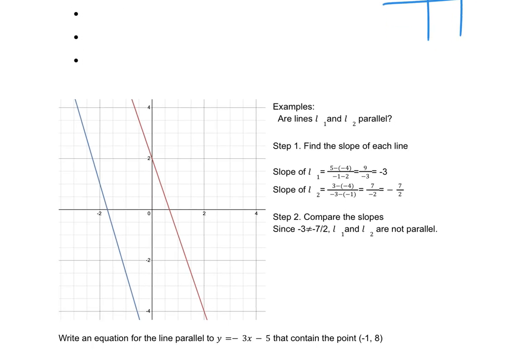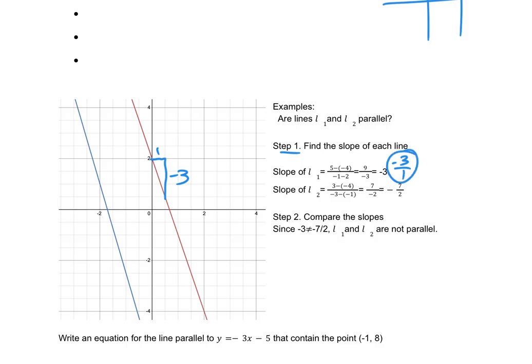Are lines 1 and 2 parallel? So step 1, find the slope of each line. What we can do is find the slope triangle or choose 2 points. So line 1 goes over 1, down 3. So that's -3 over 1.